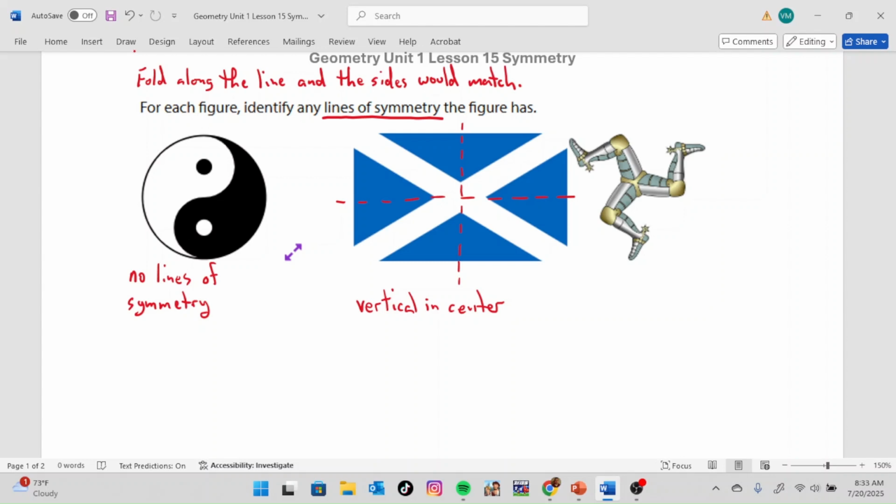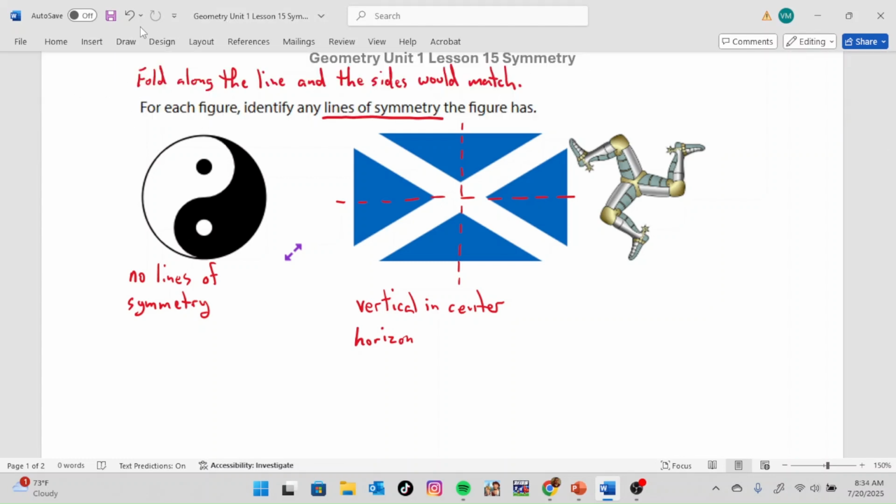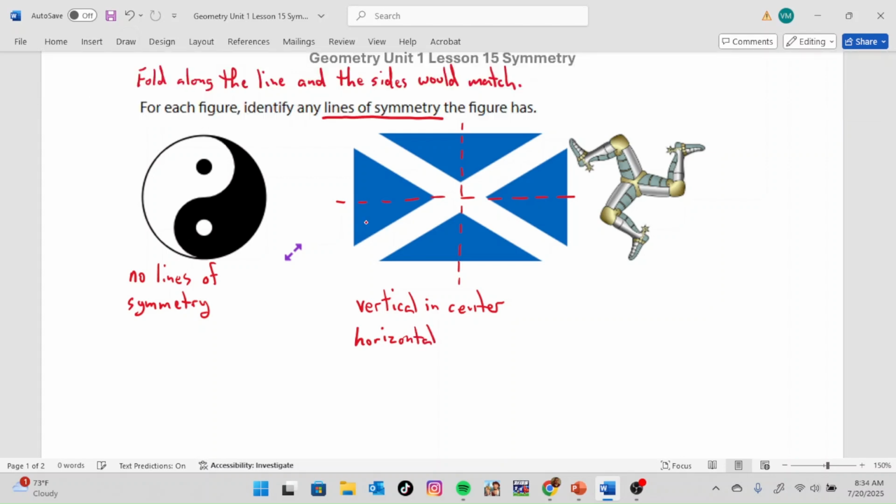And the triangles on the left and right would now be folded in half, and they would also line up with each other. So we could say horizontal line in the center. And both of those would work out.